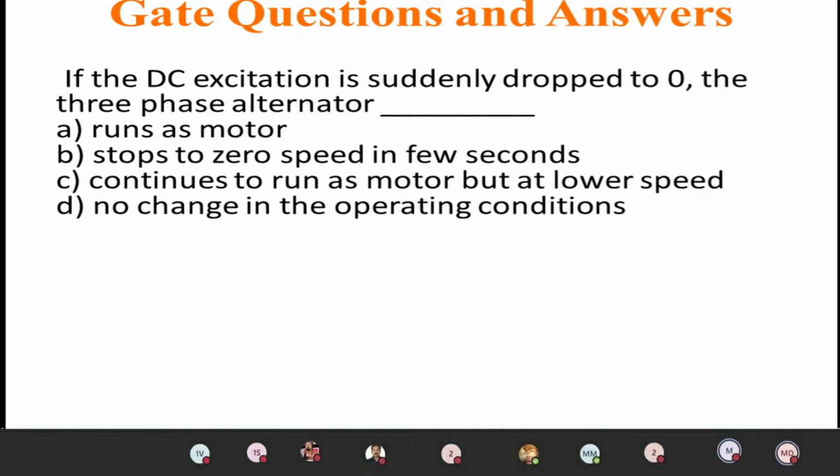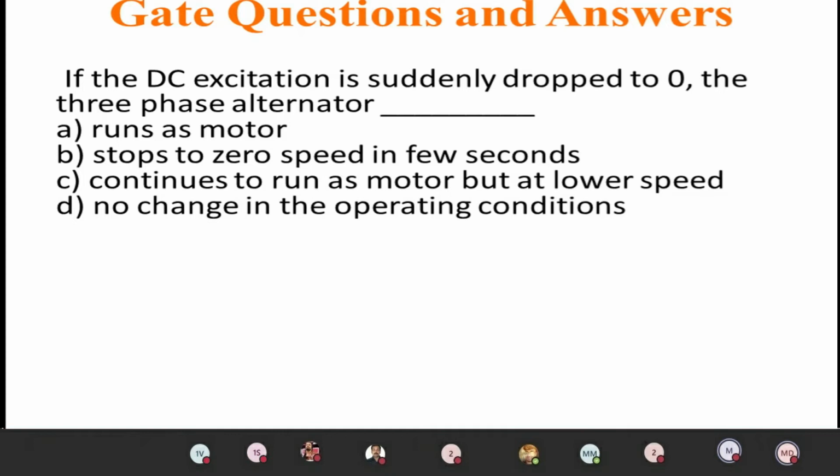What will happen? The motor is running at synchronous speed. Once the excitation supply is dropped, it continues to rotate as a synchronous motor.